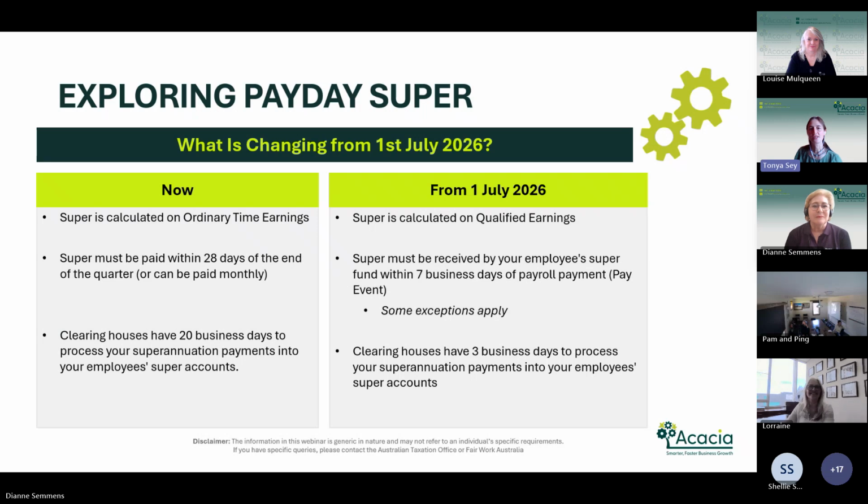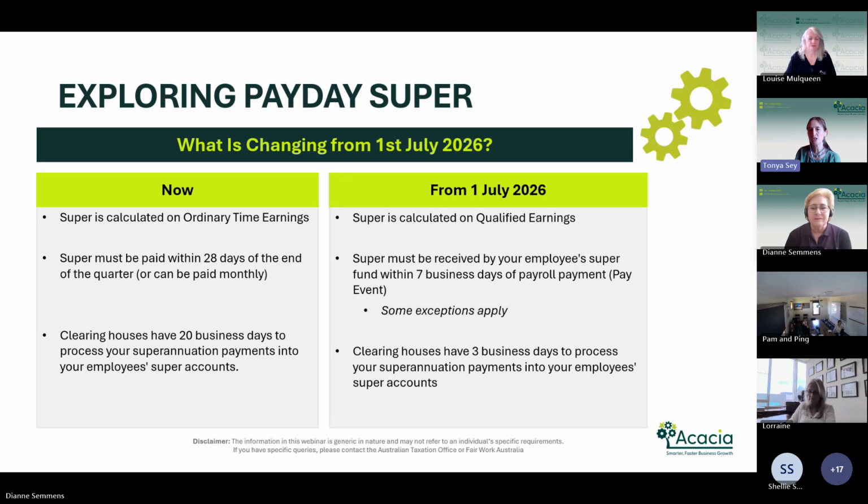Yep. Okay, so what is changing? And again, we're just summarising what is happening now. Now superannuation is calculated on ordinary time earnings. From 1 July, it'll be calculated on qualified earnings, and we will talk about those. At the moment, superannuation must be paid within 28 days of the end of the quarter. A lot of people do pay monthly.